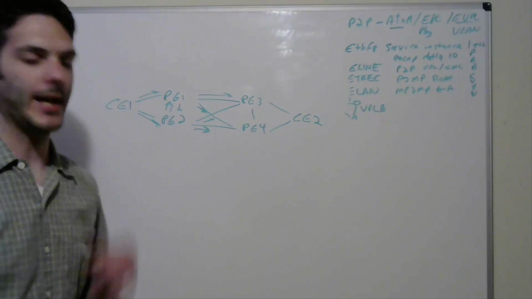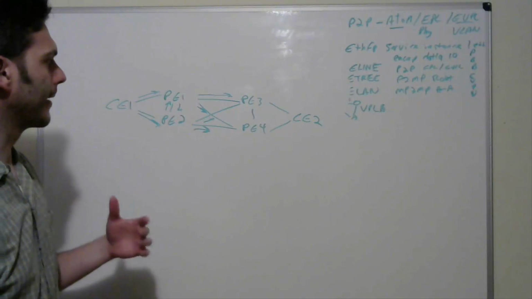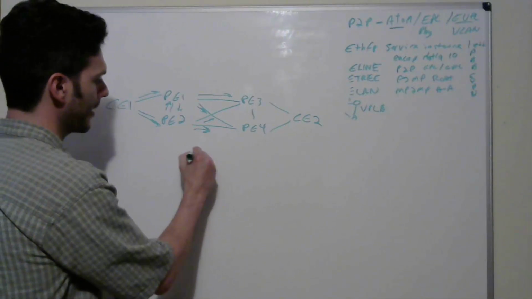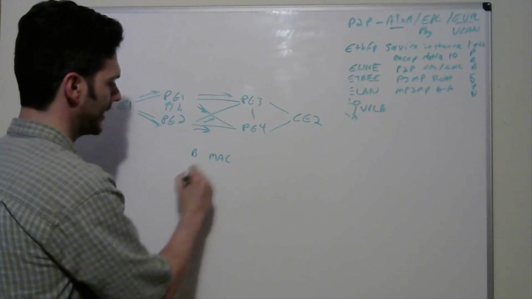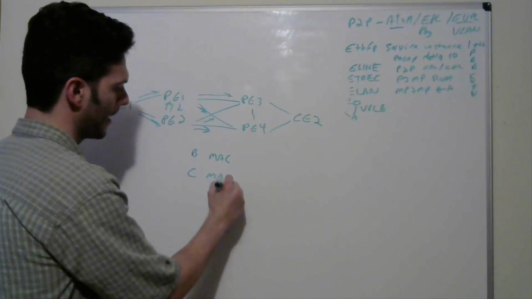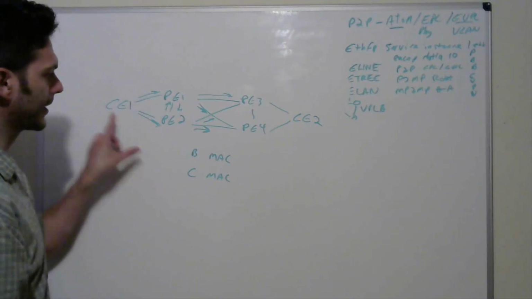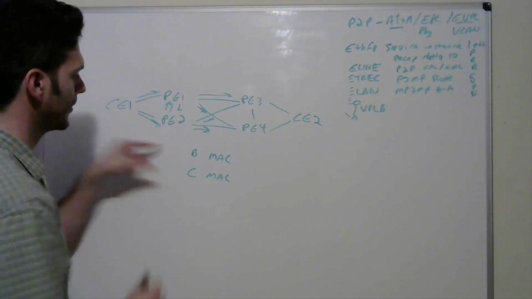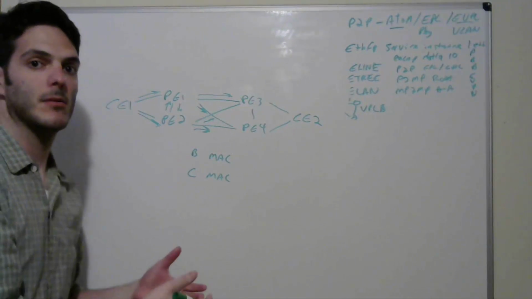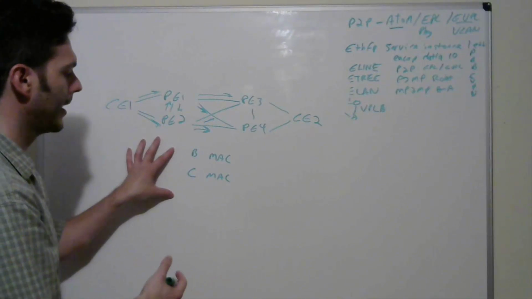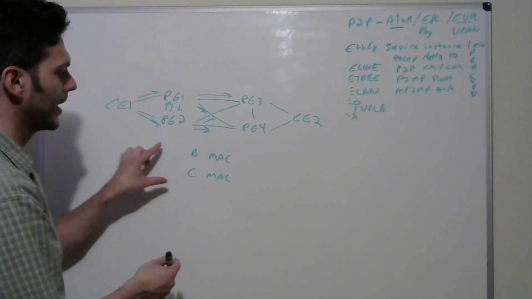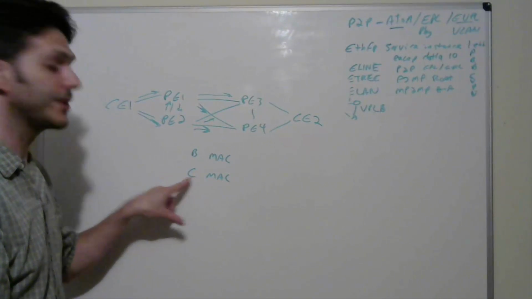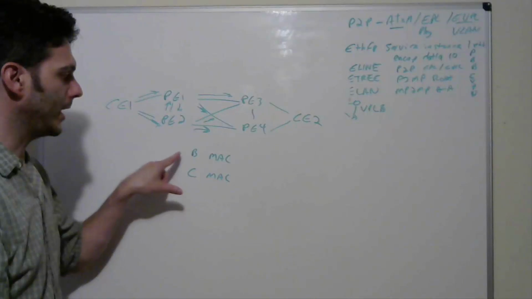So rather than doing that, what you end up getting is the concept of a BMAC and a CMAC. What ends up happening here is the customer MAC is learned from the customer onto the provider. So the customer MAC is built in that particular setup, and then the BMAC is advertised, saying, if you want to reach this CMAC, point it towards this BMAC.